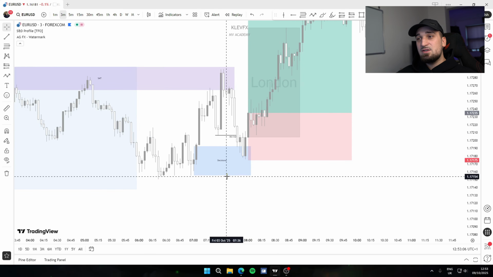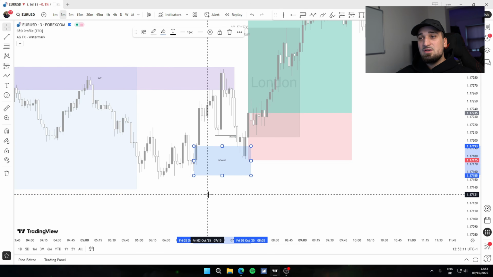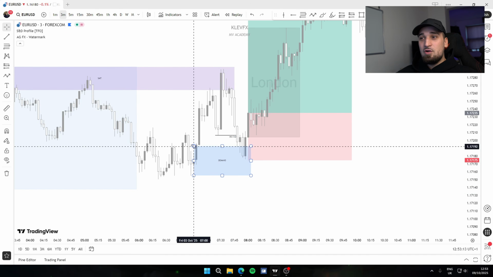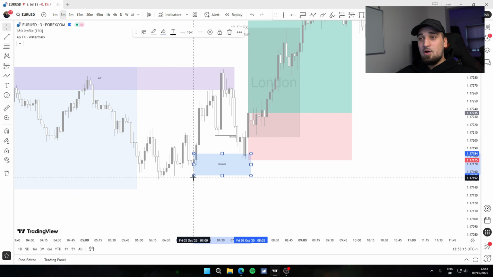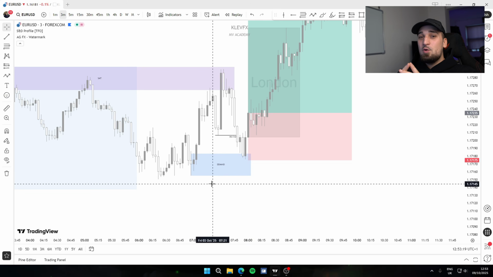And remember what I said to you in the last thing, that this would be your demand zone that you can use as an extra confluence. In the game of trading, it's always good to see trading as a game. The more confluences you have that you can add on, the better your trade is going to be, because you have more certainty that the trade is actually going to play out, because you're just adding more fuel to the fire.